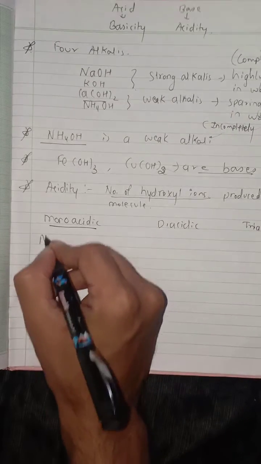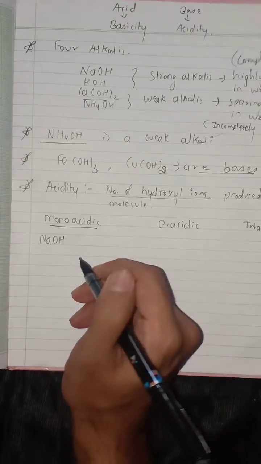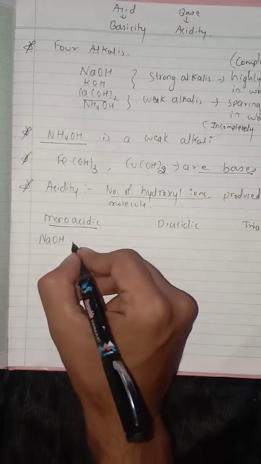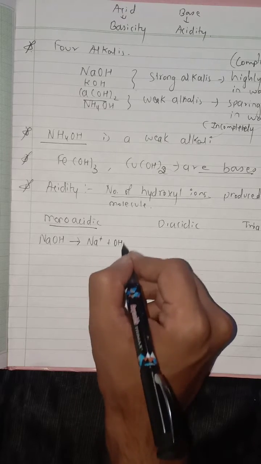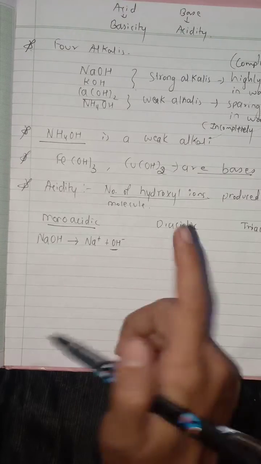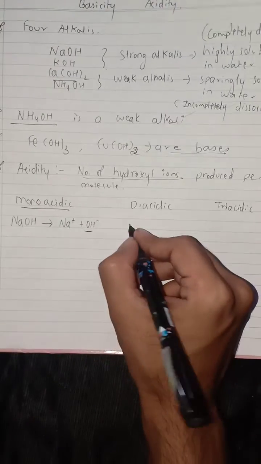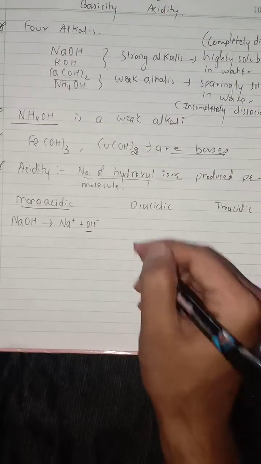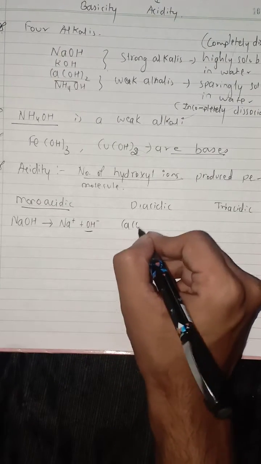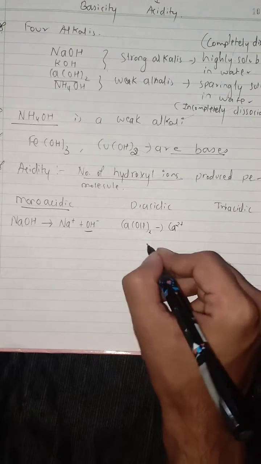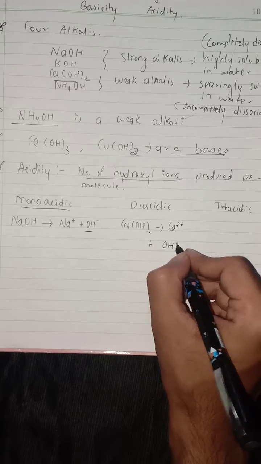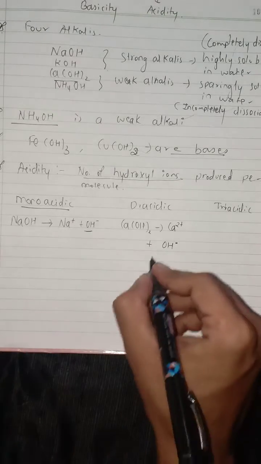Who is monoacidic? This is NaOH. If I dissociate it, how many hydroxyl ions will it give? 1. That is why it is monoacidic. Now for di, the example is calcium hydroxide, calcium plus hydroxyl ions.